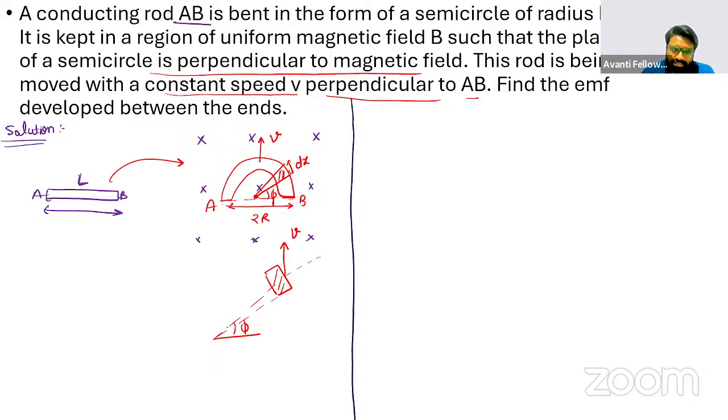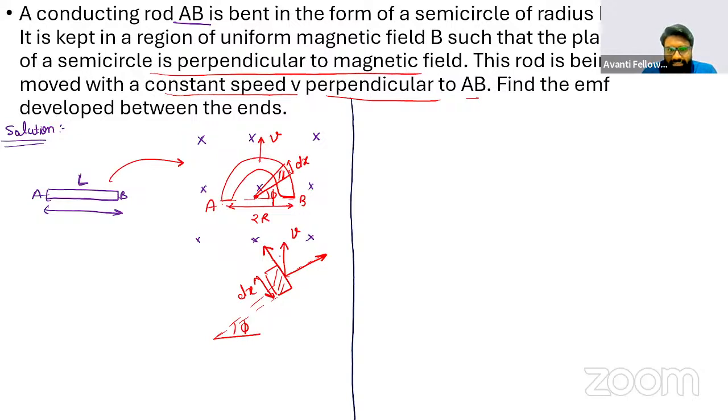If you just extend it from here, you will see along the length, we need to resolve the velocity, okay. The length is in this direction, which is dx. So along the length you need to resolve the velocity.